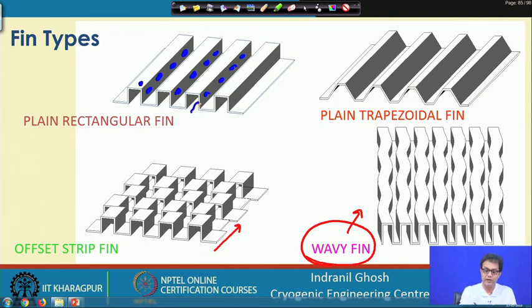The fluid will come here and have a passage, or it will try to go inside, or the fluid will try to come out of that perforation, thereby giving a breakage in the boundary layer. That we also often use in plate fin type heat exchangers.